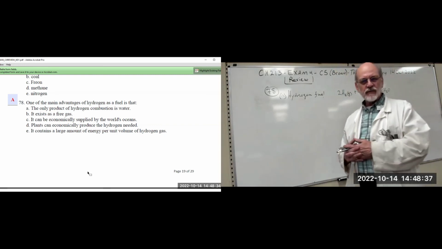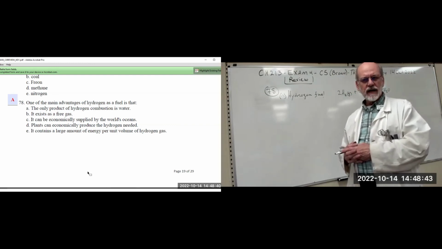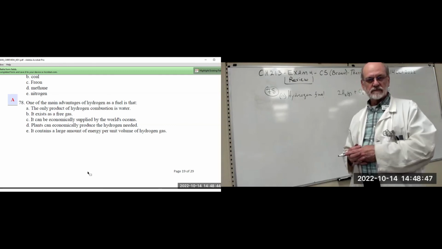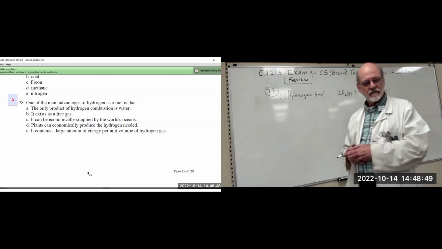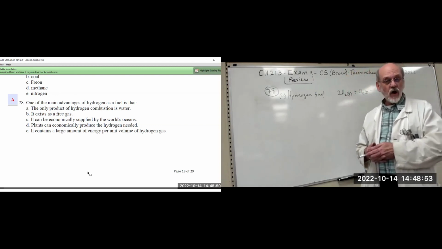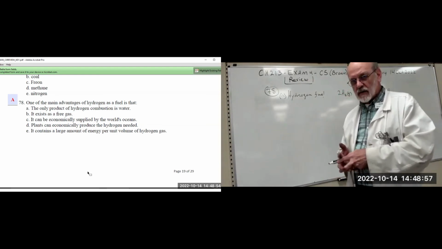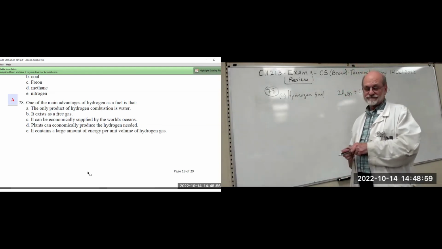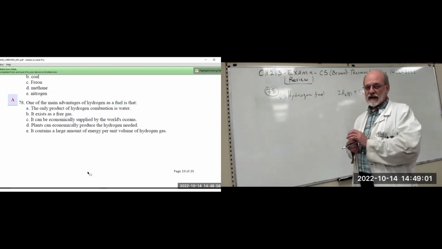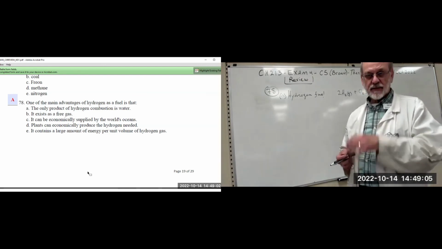Plants can economically produce the hydrogen needed? No. Plants take in carbon dioxide and spit out oxygen. Right? So that's not right. They don't give out hydrogen. E, it contains a large amount of energy per unit volume of hydrogen gas. Well, no, not per unit volume.